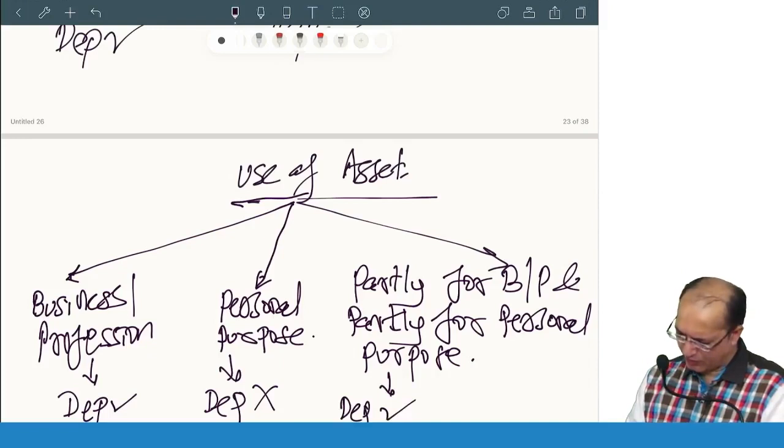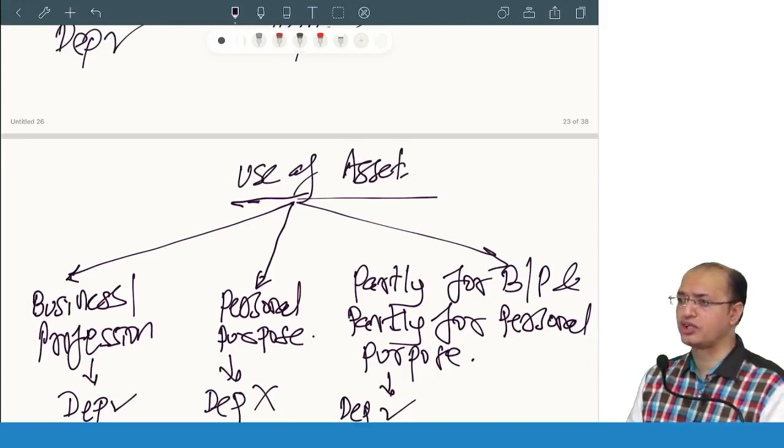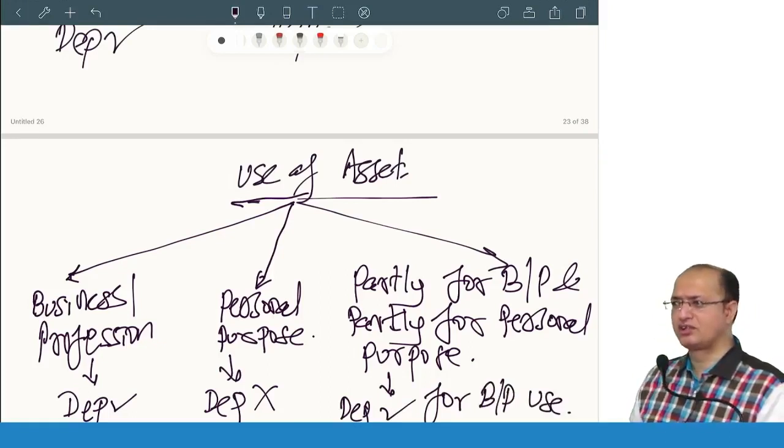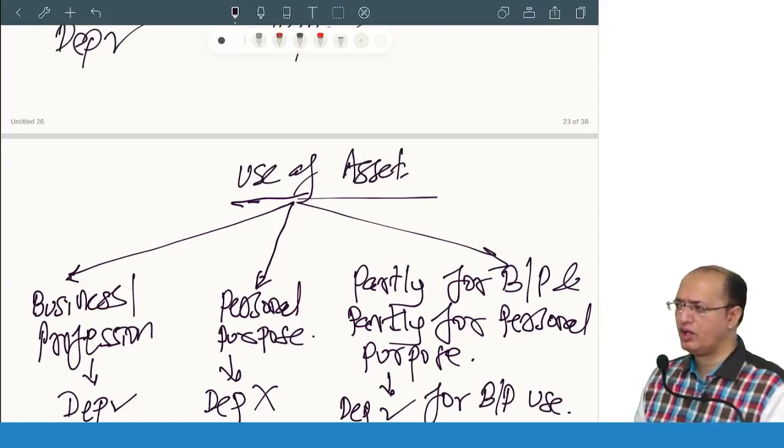Depreciation reduction will be allowed proportionately for business profession use. The extent to which the asset is used for business or profession, only to that extent you can claim deduction of depreciation. Is that very clear? That is what you have to find on a judgmental basis.